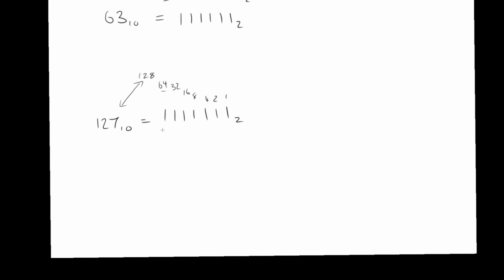So that means we need all these ones here to make up 127 before we touch 128. Same thing with 63 up here. It's 1, 2, 4, 8, 16, and then 32, and the next value would be 64. So if I want to get 63, I just put 1s in all of those places.